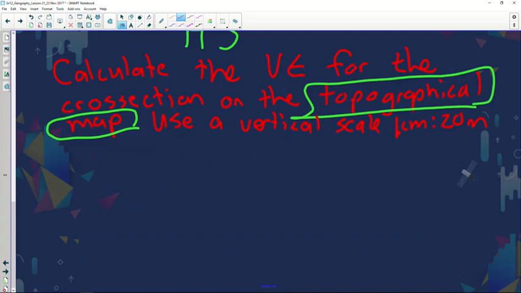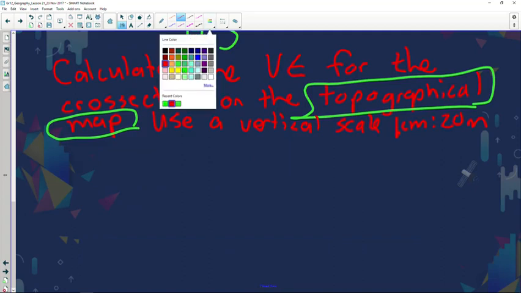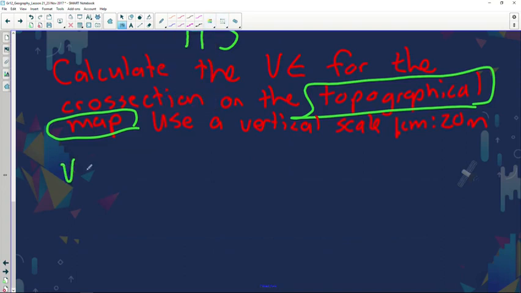Calculate the vertical exaggeration for the cross section on the topographical map. Now immediately, your formula states vertical exaggeration equals vertical scale over horizontal scale. So the only thing you had to do is find out if it's on an orthophoto or on a topographical map. In this case, it's on a topographical map. And there's the scale. The examiner will always provide you with the scale.